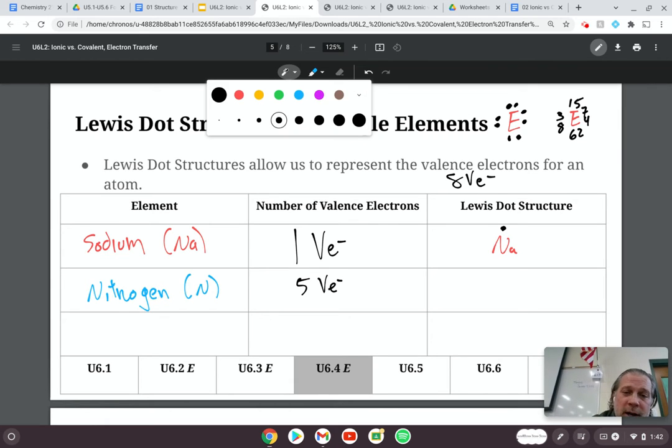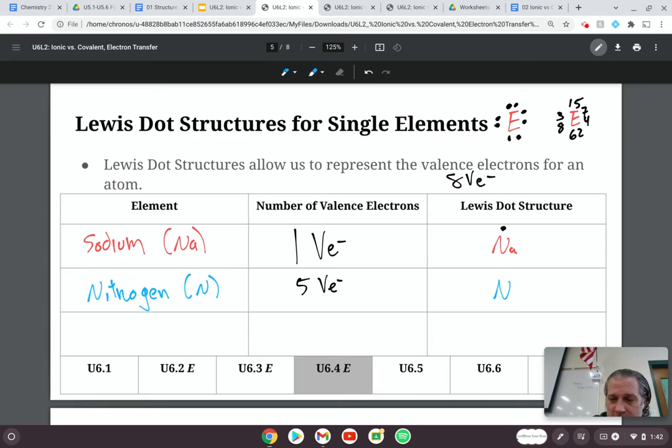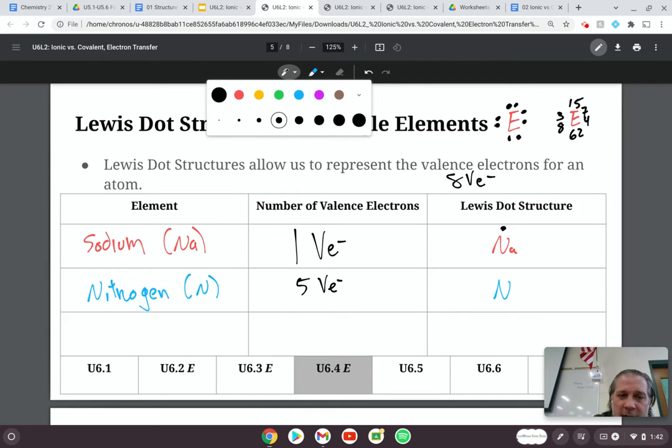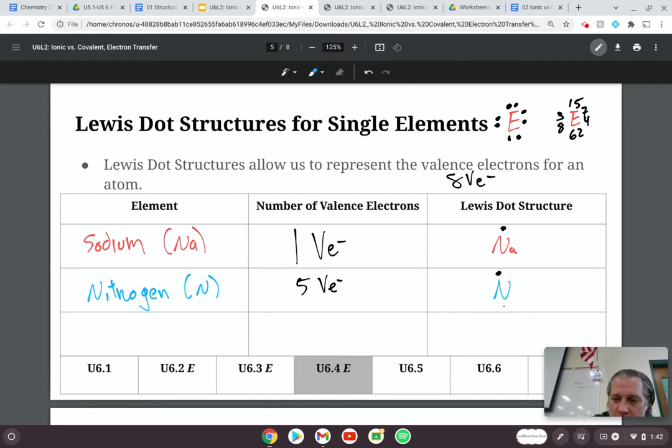So I'm going to start by writing the nitrogen symbol, which is capital N, and then I'm going to add electrons. 1 on the top, 1 on the bottom, 1 on the left, 1 on the right, and then I'm going to double up on the top. Notice that when I did that, I added a top one, a bottom one, a left one, and a right one before I doubled anything up. And that's really the key on these.